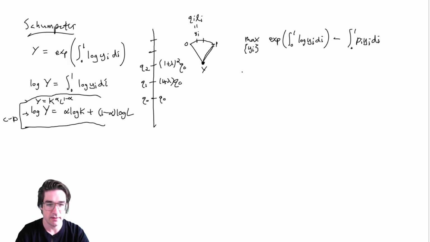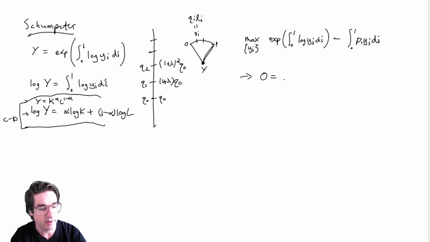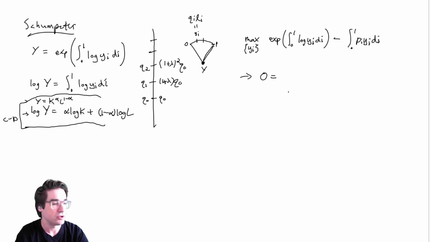Then you get something relatively simple. The derivative for each individual i, or for almost all i, should be 0. So what do we get? You take the derivative and you get this whole thing back first because it's an exponential, and that's just y.